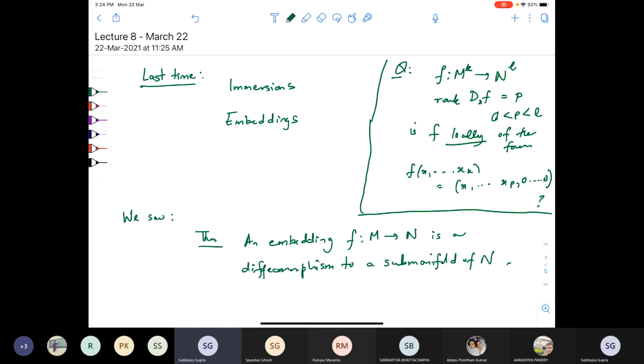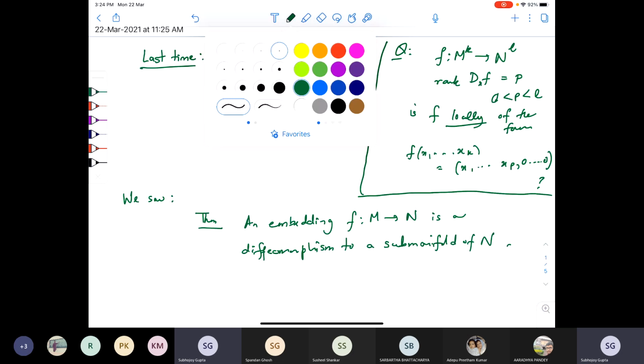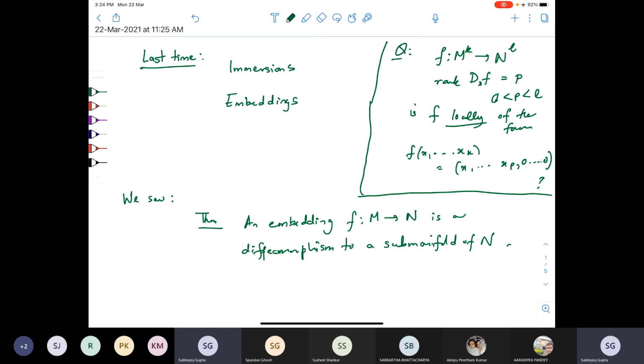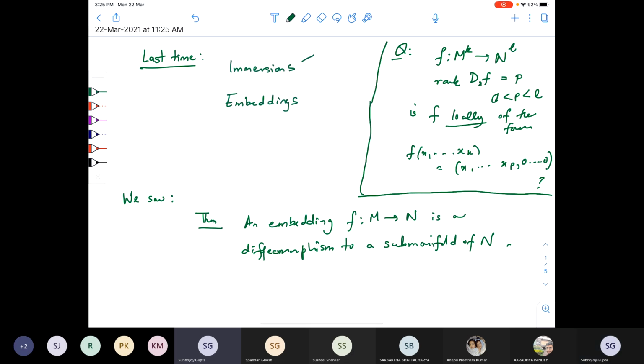Right. So we talked about immersions and embeddings last time. So just to recall again very quickly. Immersions, it's always when your target manifold is at least the dimension of the domain manifold, and the rank condition that I wrote down is, well, this df is injective, right?